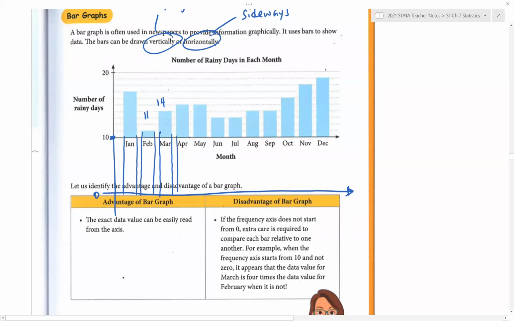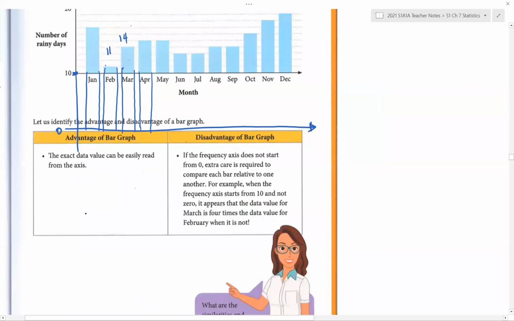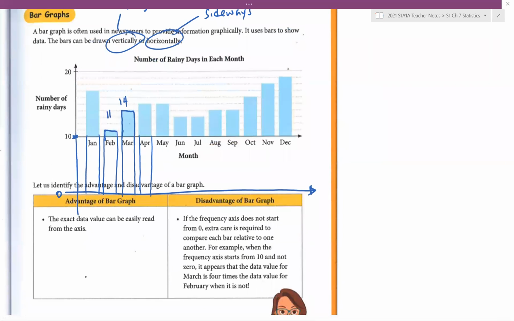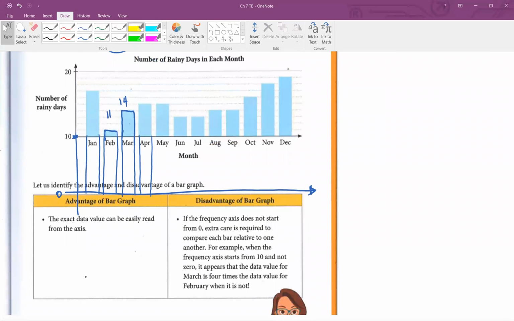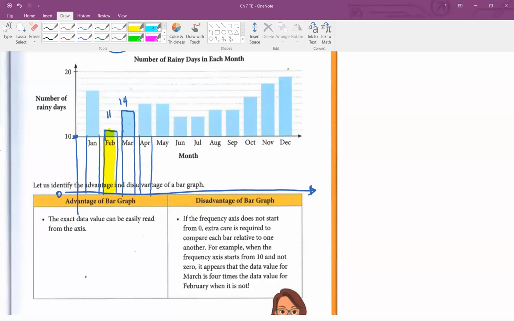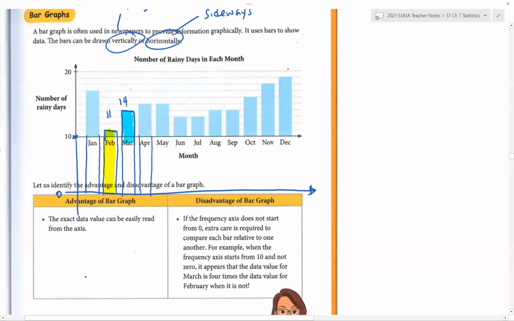Okay, and I'm not going to draw the rest. I just want you to focus on February and March. And I'm going to highlight them for you so that it's a little easier to see. February, yellow color, and March, blue color.